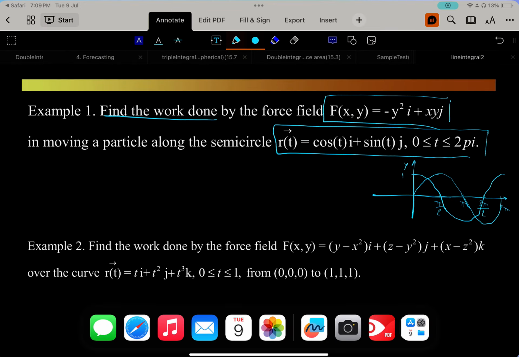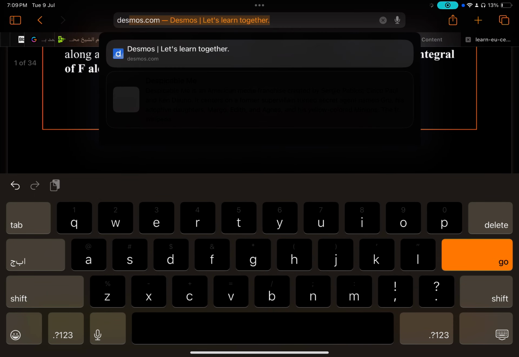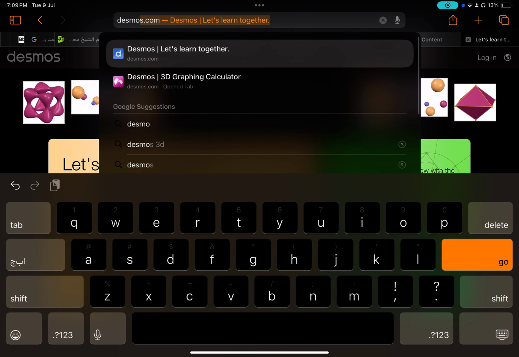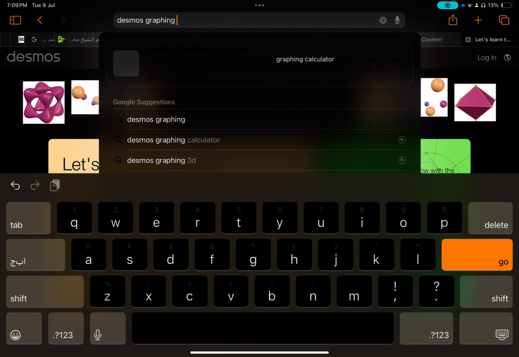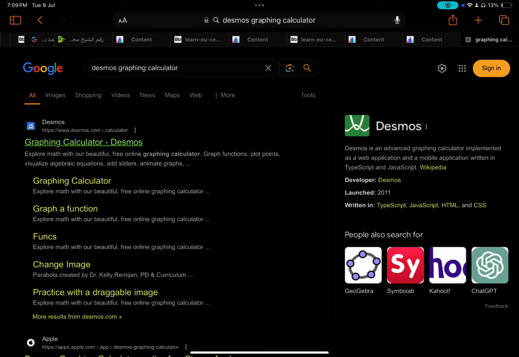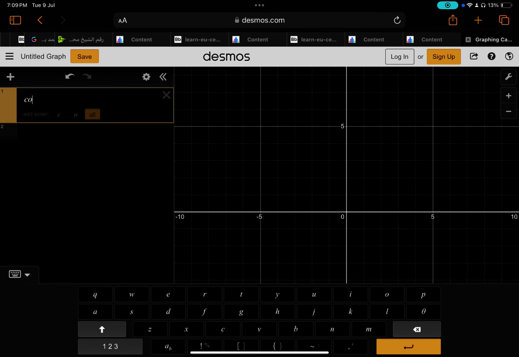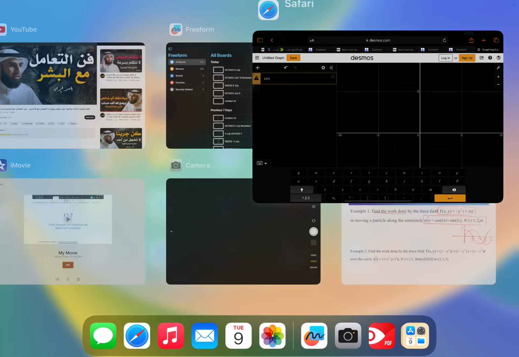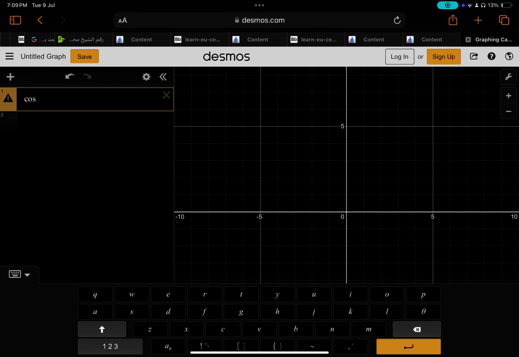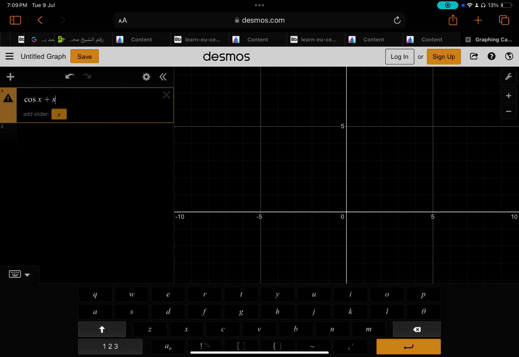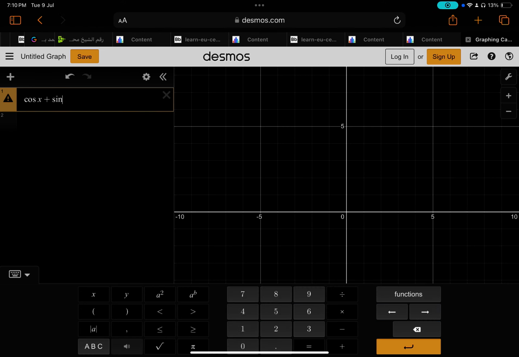Let's try to draw it using this mouse. And so cosine of t, or let's say x, plus sine x.